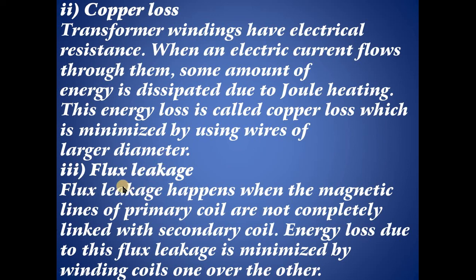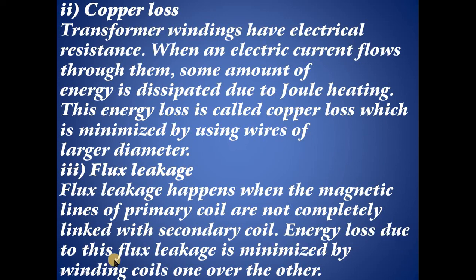Then the next loss is flux leakage. Flux leakage happens when the magnetic lines of the primary coil are not completely linked with the secondary coil.